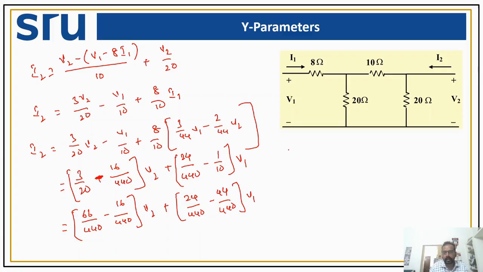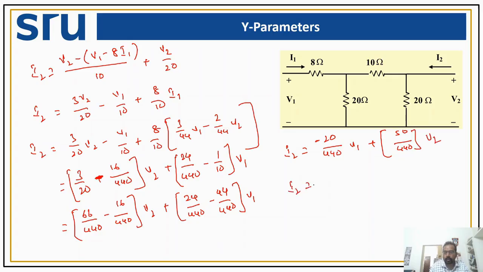So let us write this equation. I2 equal to 24 minus 44, which is minus 20, by 440 V1 plus 66 minus 16, which is 50, by 440 V2.